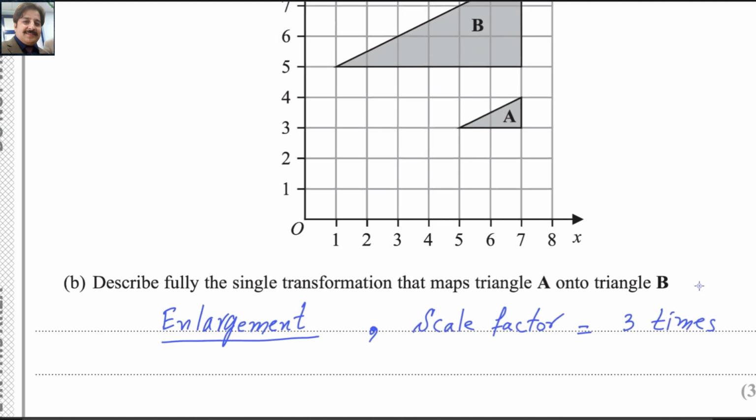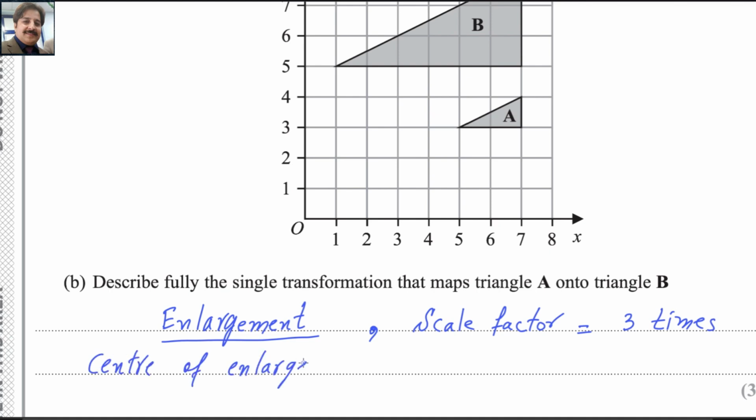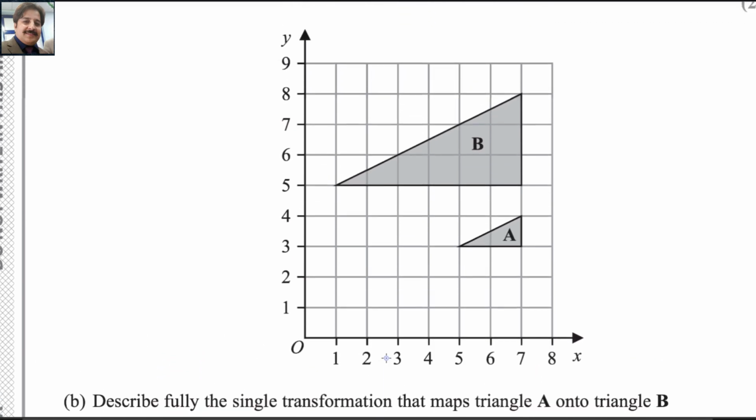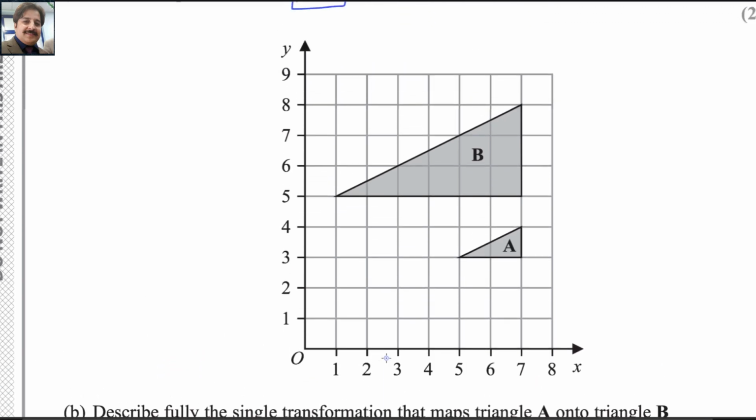Now, to find the center of enlargement. This is worth 3 marks, so you have to describe these 3 things. Number 1, enlargement. Number 2, scale factor. And number 3, center of enlargement. What is the center of enlargement? Let me tell you how to find it. We join the corresponding vertices.